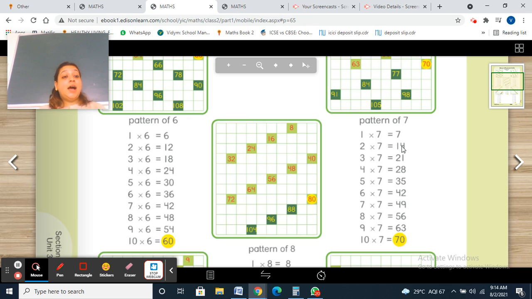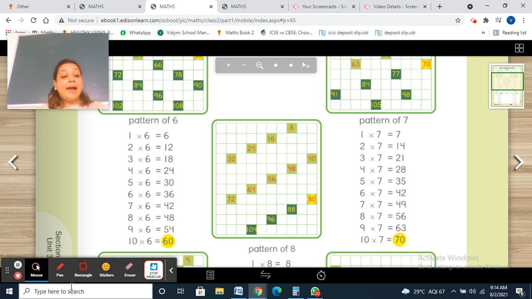Means we are adding 7 again and again. 7 plus 7, 14, 14 plus 7, 21, 21 plus 7, 28, 28 plus 7, 35, 35 plus 7, 42, 42 plus 7, 49, 49 plus 7, 56, 56 plus 7, 63, 63 plus 7, 70.